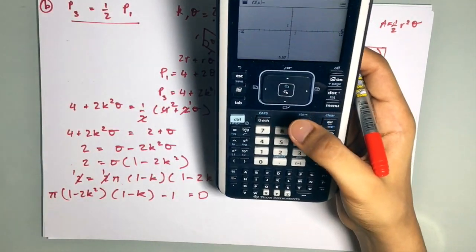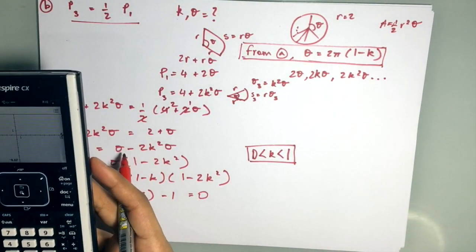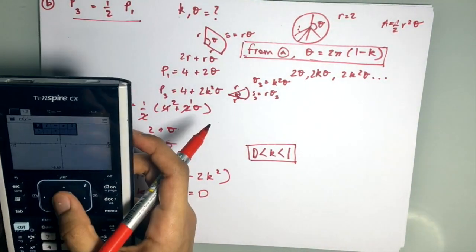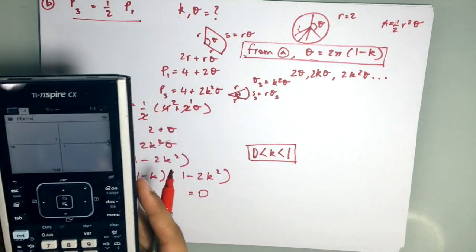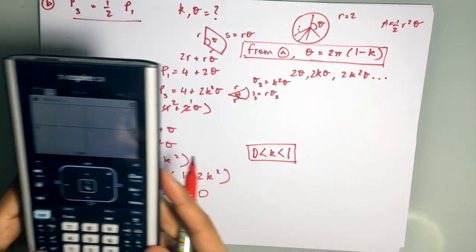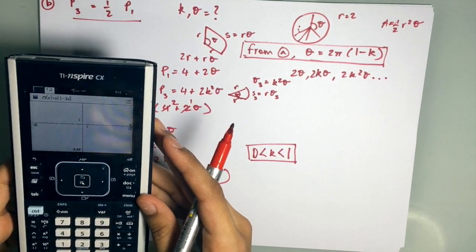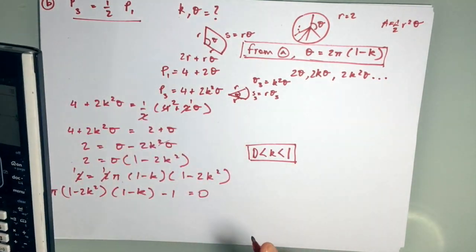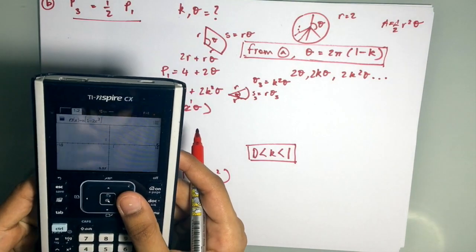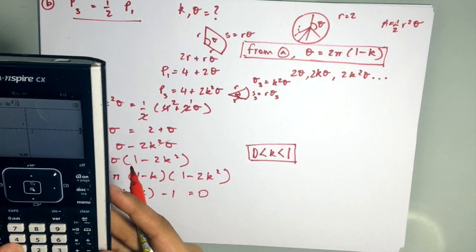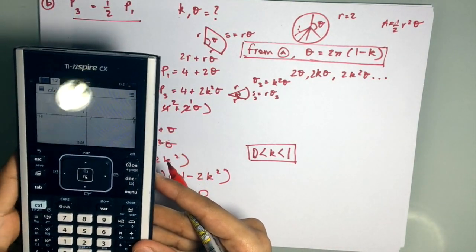I enter the graph pi times 1 minus 2, well, k squared, but this is f of x, so x squared times 1 minus k.